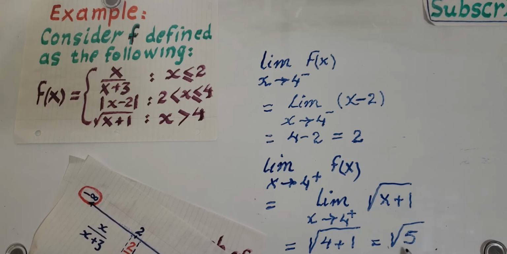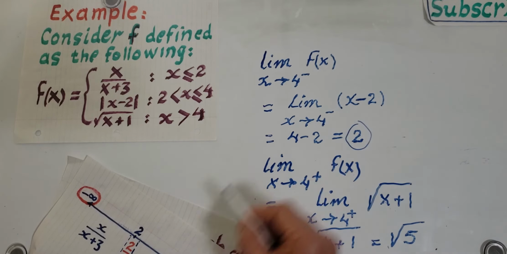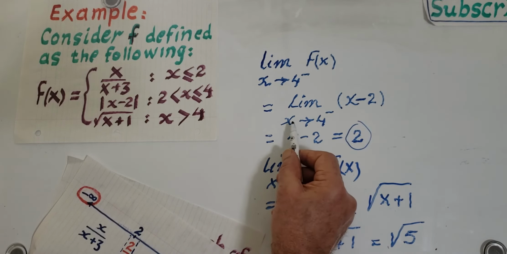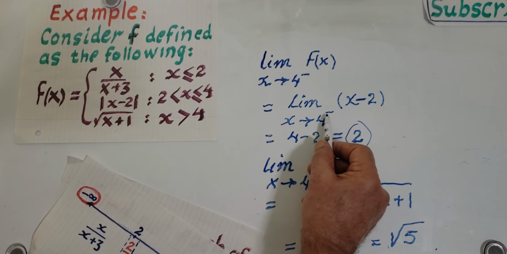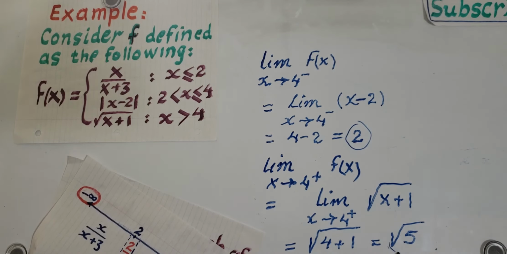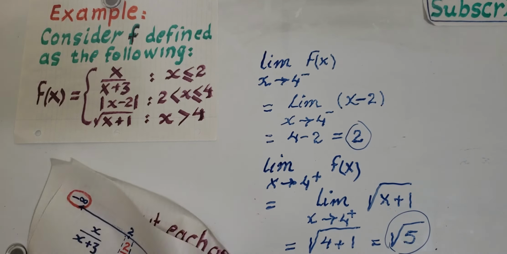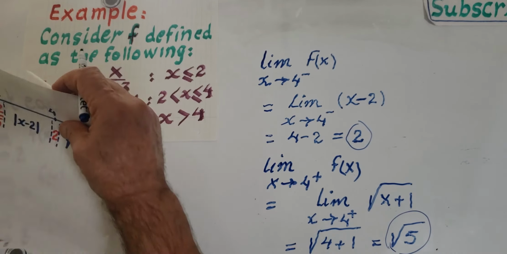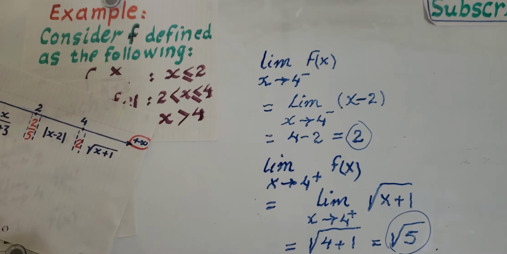So this value is different from this value. The limit when x approaches 4 from left is different from the value when x approaches 4 from right. The same result we got, so we say there is no limit at 4.